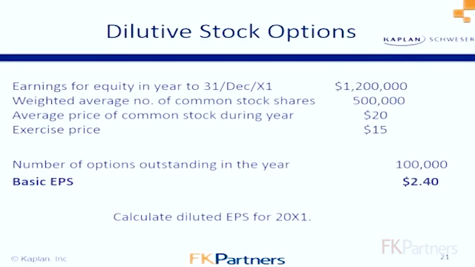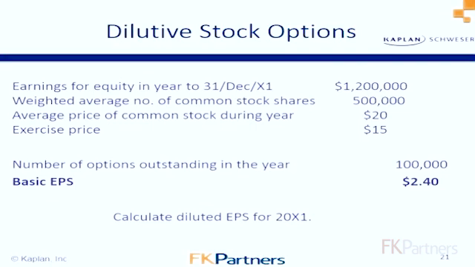You, in addition to that, have stock options that are outstanding that would potentially increase the number of shares outstanding by 100,000, meaning you already have 500,000 shares outstanding. You could have another 100,000 shares outstanding if all of these people that held those options actually exercised them. That would move the number of shares up from 500 to 600,000.